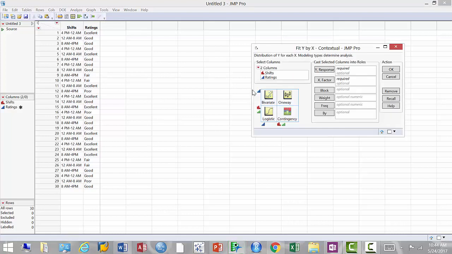Here I'm studying the effect of shifts. That's my factor of study. Essentially, the question I'm asking is whether the shift during the day affects the responses. So my factor of study is shift 1, 2, and 3, and what I'm measuring is customers' ratings, 1, 2, 3, or 4.